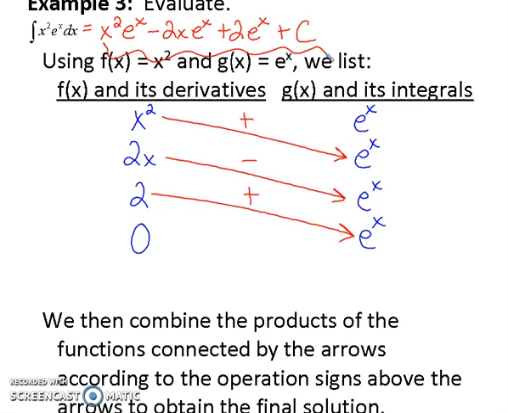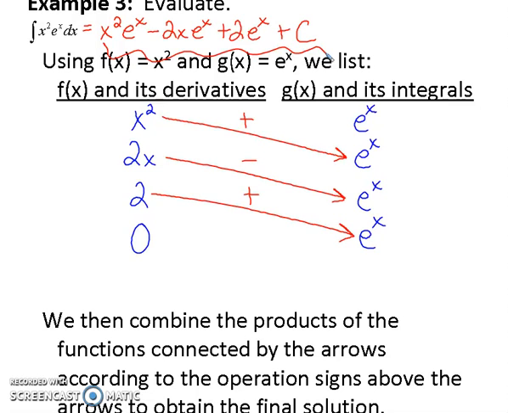I could do it with tables like this. As long as I remember that the first column is my derivatives all the way down to 0, and the right-hand column is the same number of integrals as I did derivatives on the left. And then I alternate my signs, positive, negative, going on a diagonal, multiplying the things together.